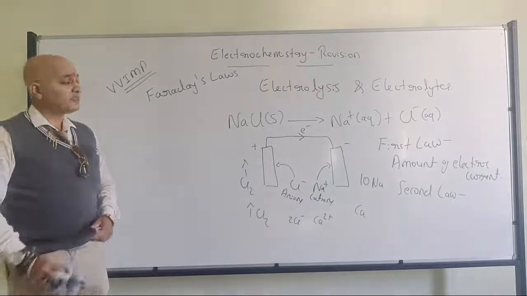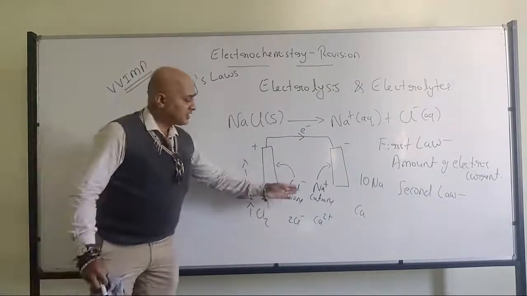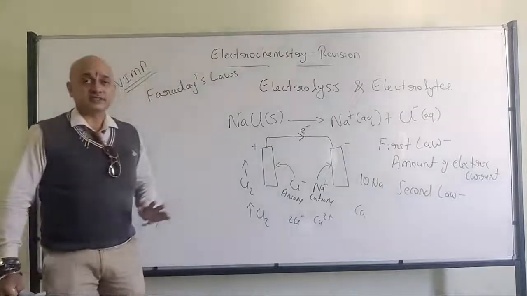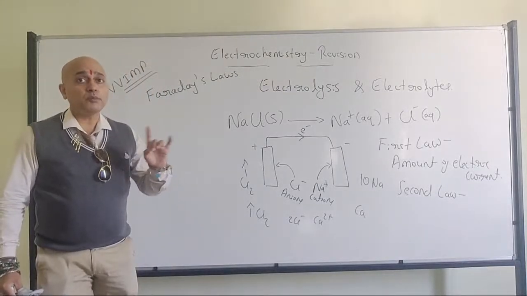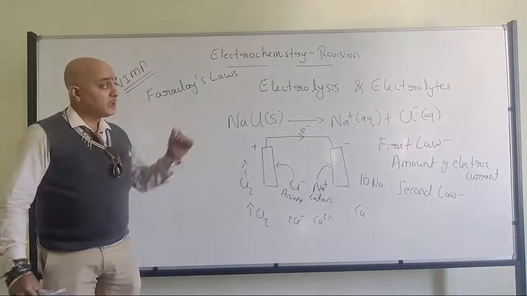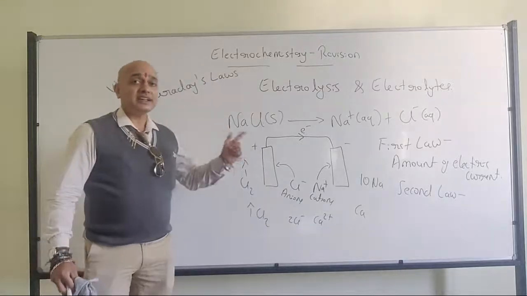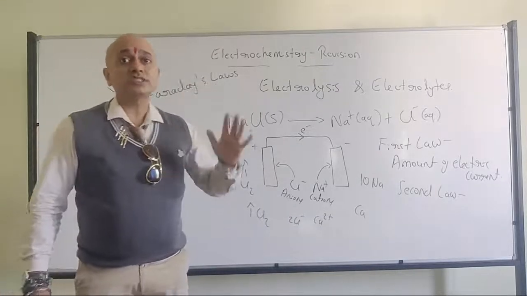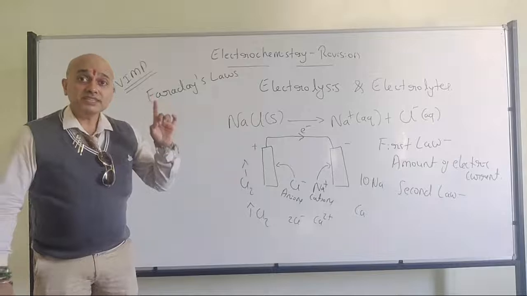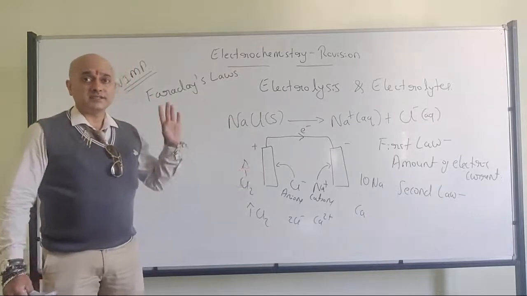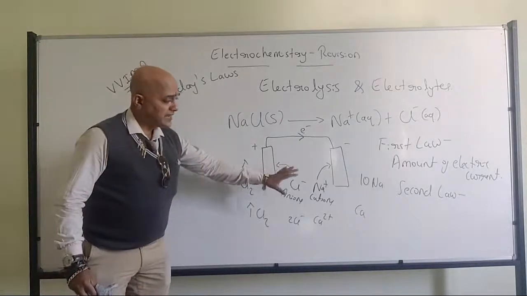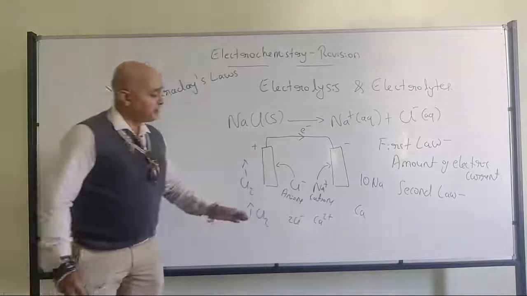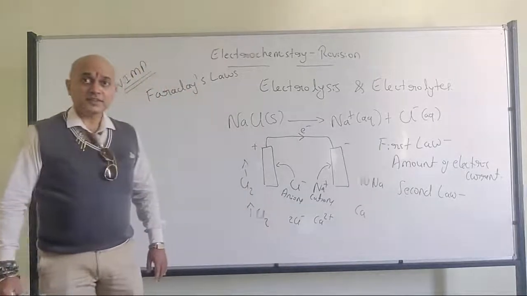Now I can observe that this condition and this condition differ, not with respect to the amount of electric current, because as I told, I will keep the amount of electric current constant, but I am changing the electrolytes. First time I took NaCl, second time I am taking calcium chloride.